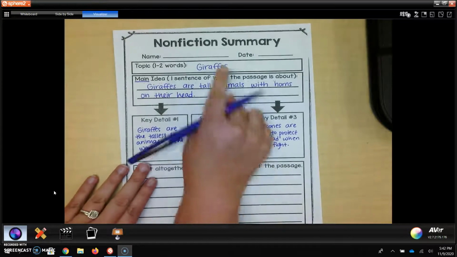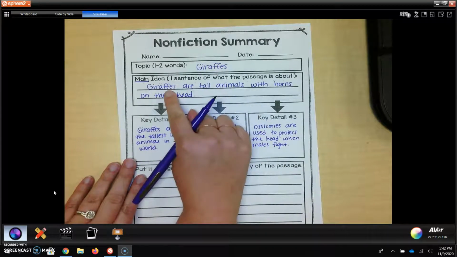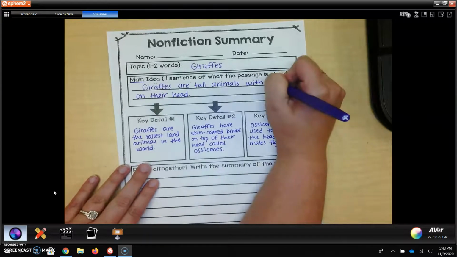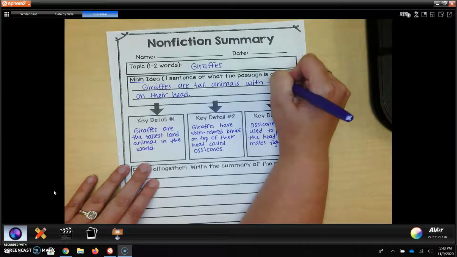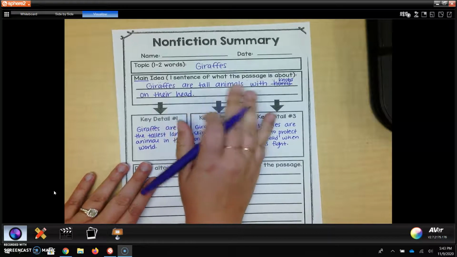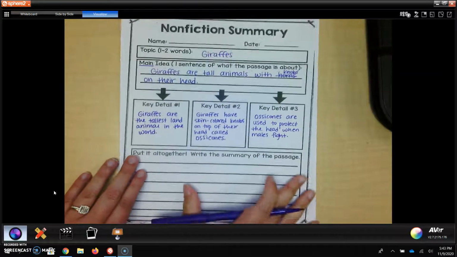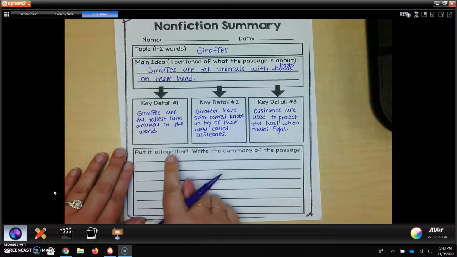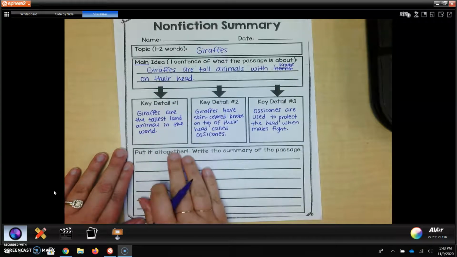We have our topic, giraffes. We have our main idea, giraffes are tall animals with horns on their head. And now that we know that they're not horns, we could change that to knobs. Because that's what our paragraph was mostly about. It described how tall they were and how they have knobs on their head. And then we gave key details that we found were most important. Now all we got to do is put this together and write our summary.